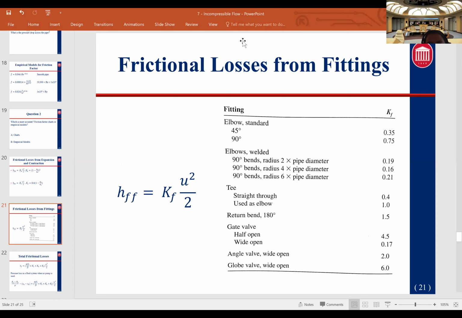Let me share. So you can see this is in your textbook as well. And for most manufacturers of valves and fittings, you get expressions on this. But for this particular table, it's Table 5.1 on page 124. And you'll see for a 45-degree elbow, we can estimate the fitting loss is 0.35 times the kinetic energy that we see in our system.